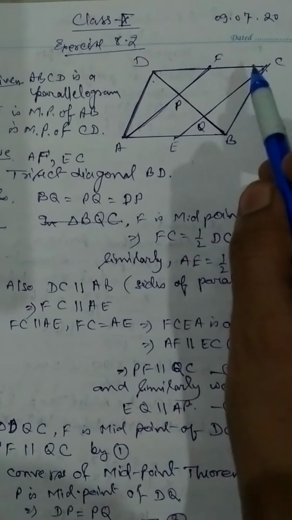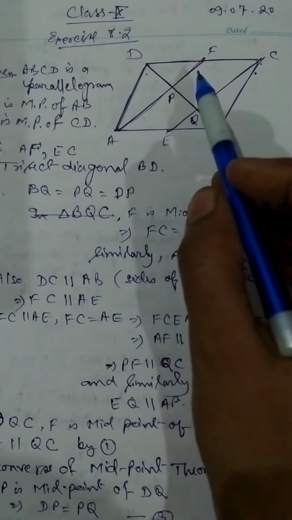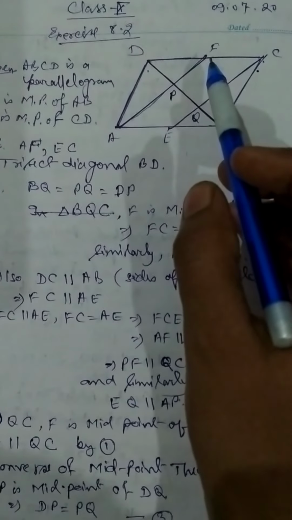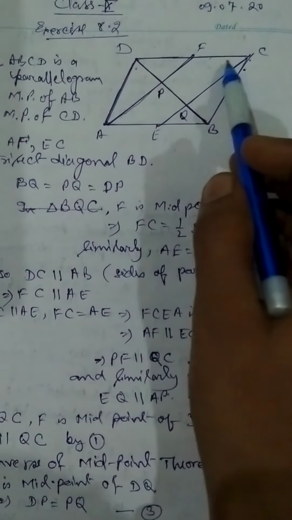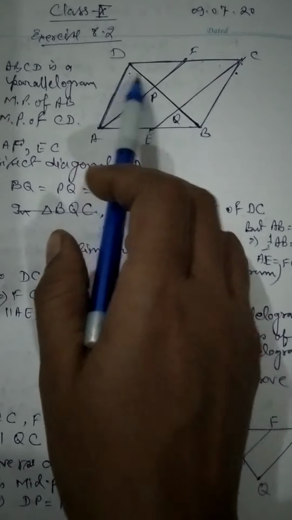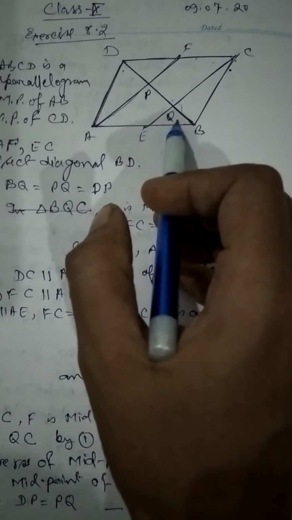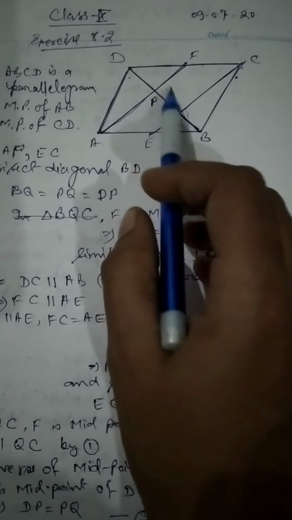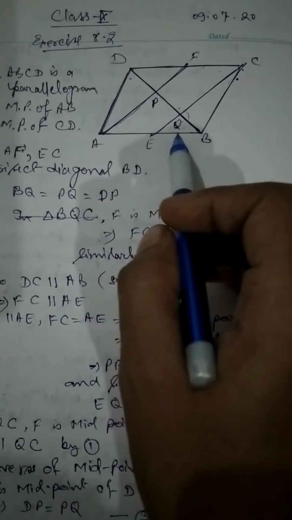You must have an idea of the converse of the midpoint theorem. The converse of the midpoint theorem is that if a line is drawn through the midpoint of a side in a triangle and parallel to the third side, then it will pass through the midpoint of the last side. In triangle DQC, F is the midpoint of DC and PF is parallel to QC.